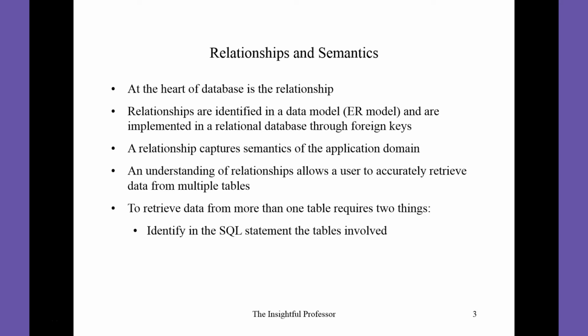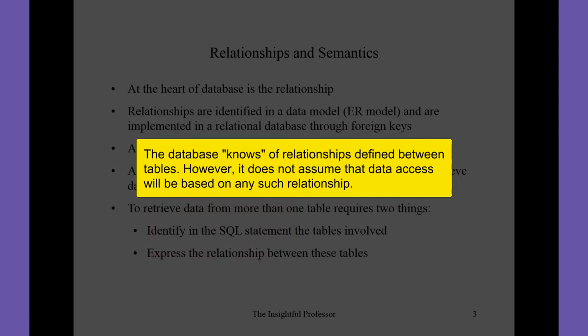So to retrieve data from more than one table requires two things. First, you have to identify within the SQL statements the tables that are involved. And then you must express the relationship that exists between these tables. Note that although we have defined the relationships to the database when we created the tables, it's necessary to express the relationship in a query for which this relationship is to apply.